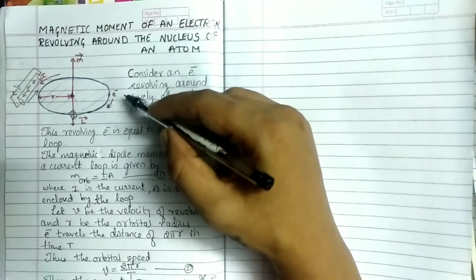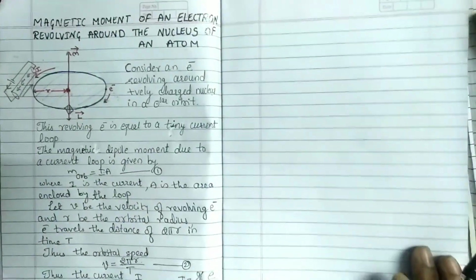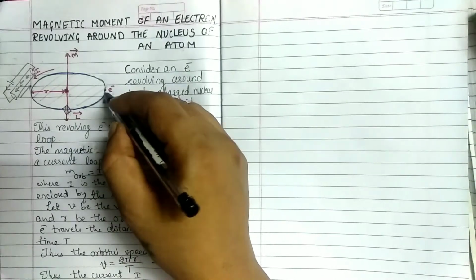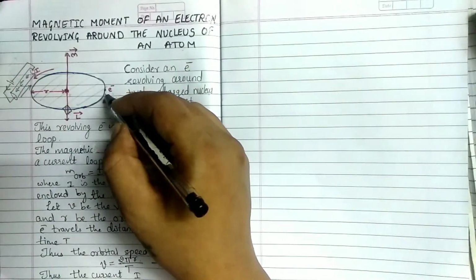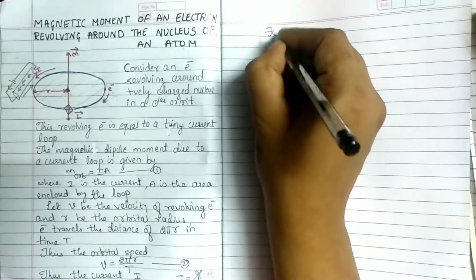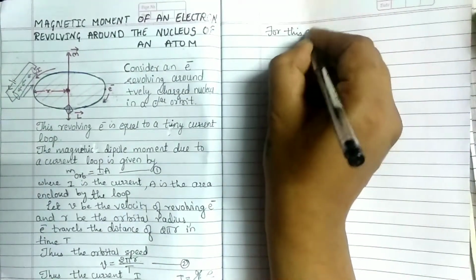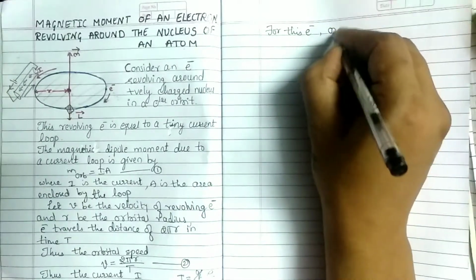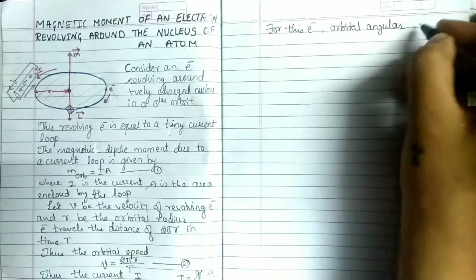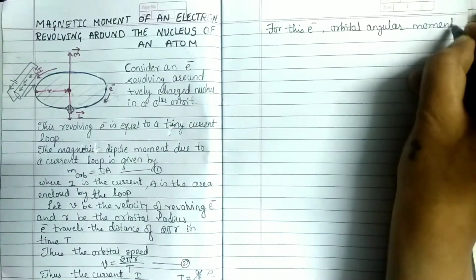As the electron is performing circular motion over here, we can take angular momentum. Which angular momentum? Orbital angular momentum of this electron. So can I write for this electron, orbital angular momentum is given by.